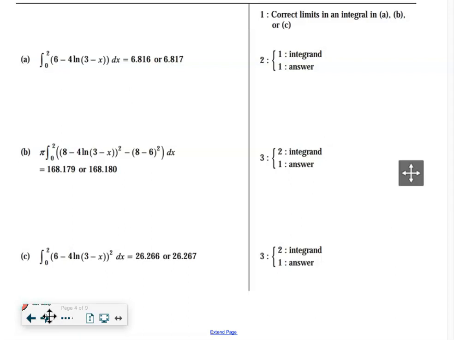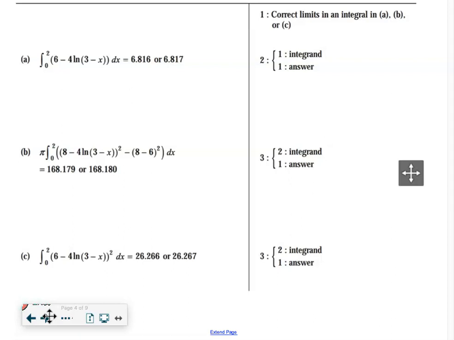Your setup is perfect. You're missing a parenthesis, but that's okay. But for your answer, did you forget the pi? If you multiply that by pi, it's roughly 150-something, so you're probably missing a pi. Okay, well done.